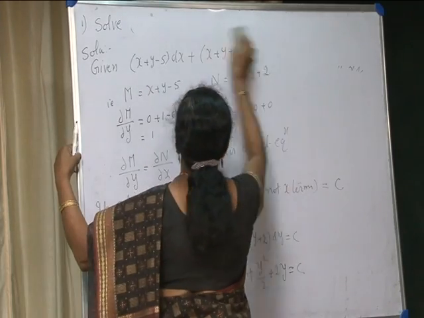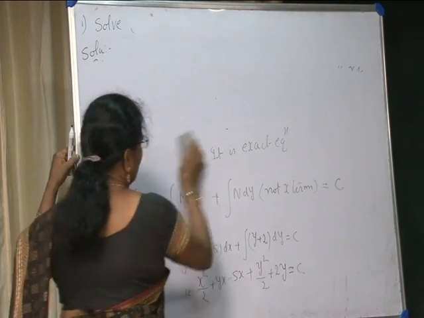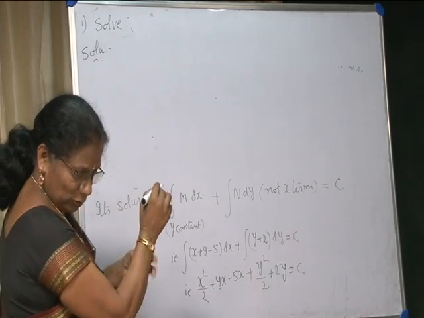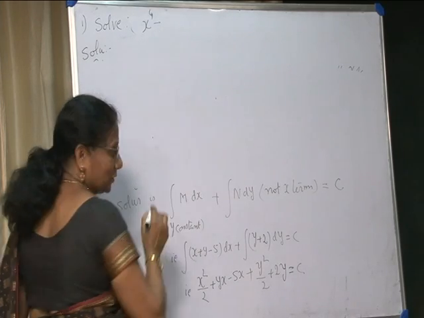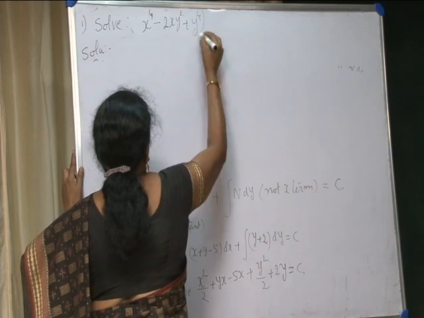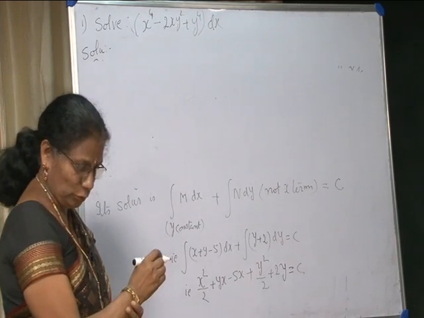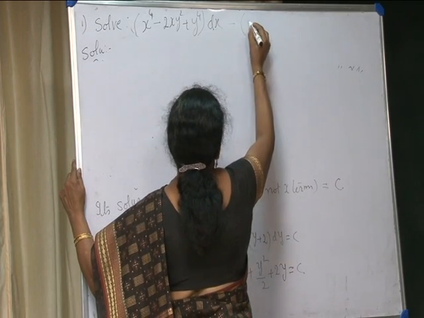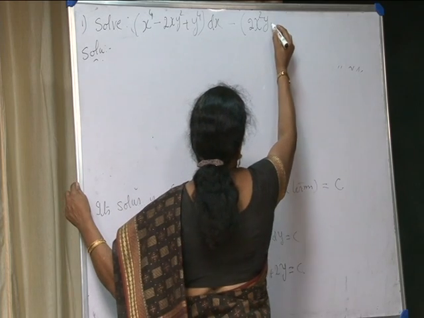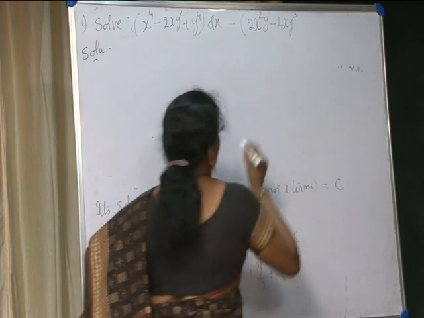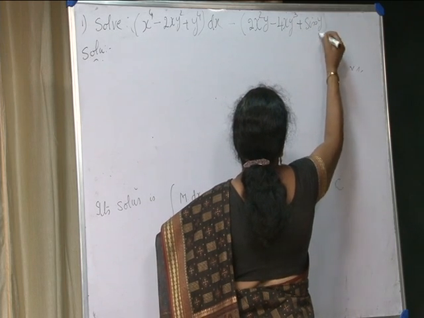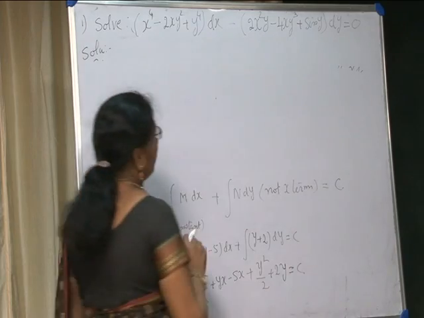The second one, solve (x to the power of 4 minus 2xy squared plus y to the power of 4) dx minus (2x squared y minus 4xy cube plus sin y) dy is equal to 0.